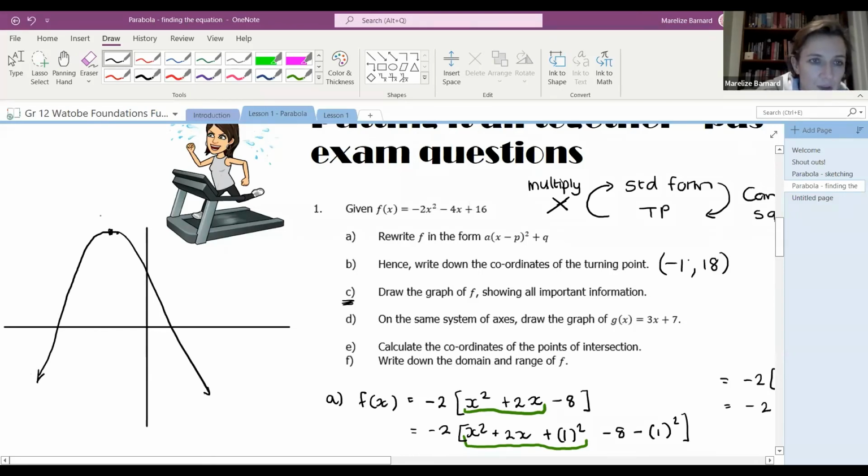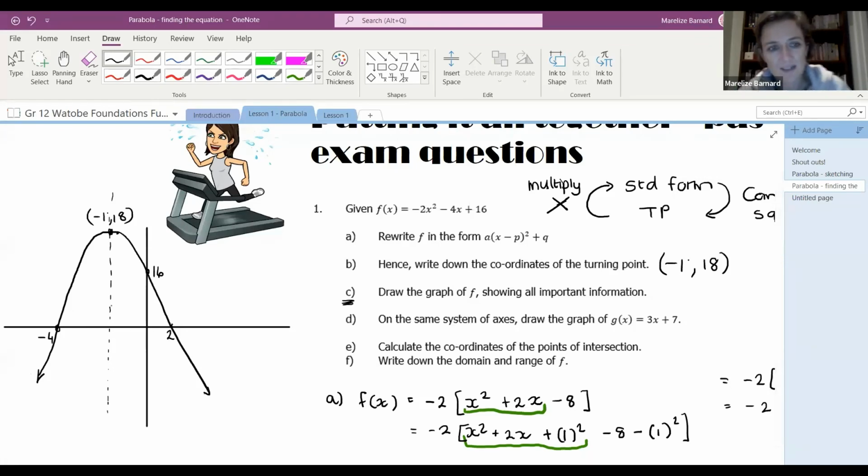So turning point is -1 and 18. Y-intercept is 16. And my x-intercepts are -4 and 2. And let's put in our axis of symmetry as well. It goes through the turning point where x is equal to -1.